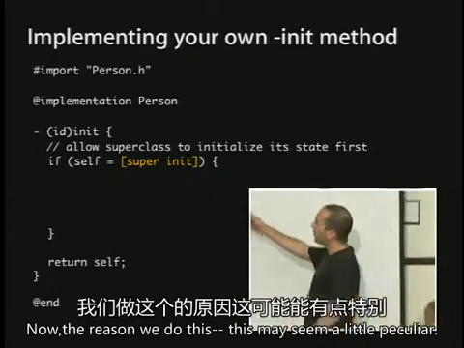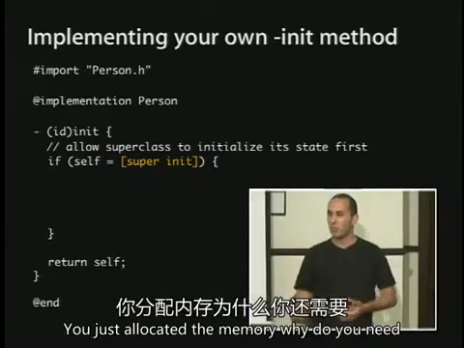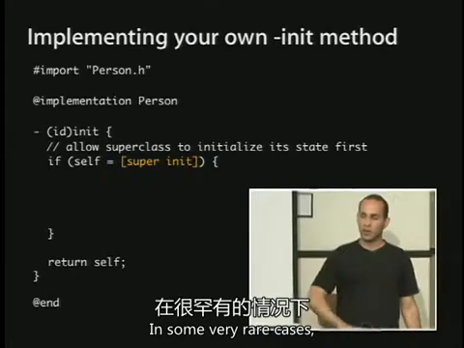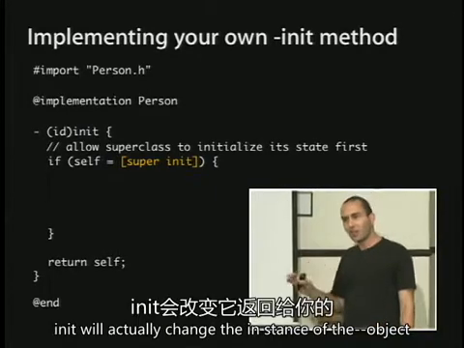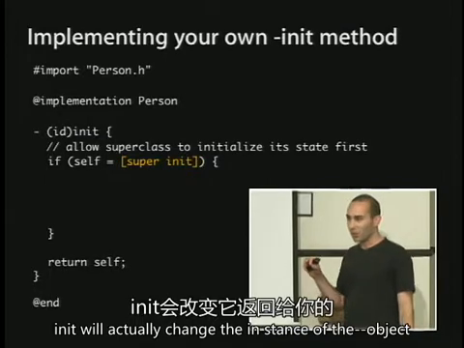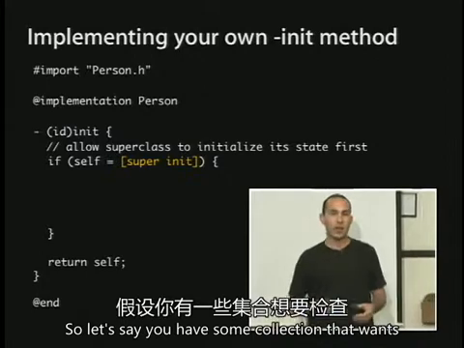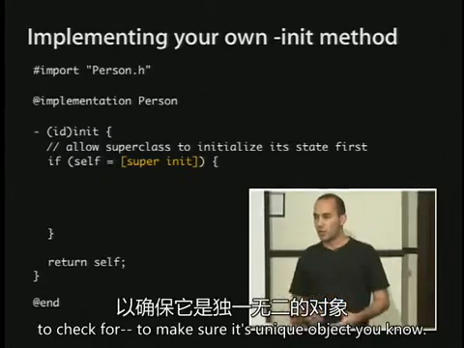Now, the reason we do this may seem a little peculiar. You just allocated the memory. Why do you need to assign something to self? In some very rare cases, init will actually change the instance of the object that it returns to you. So let's say you have some collection that wants to make sure it's a unique object.